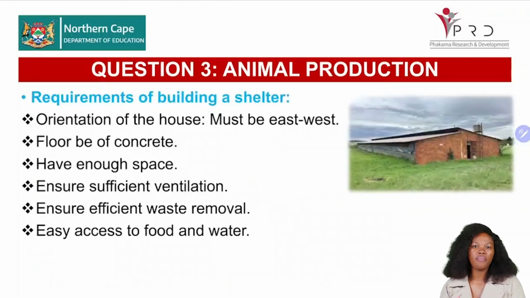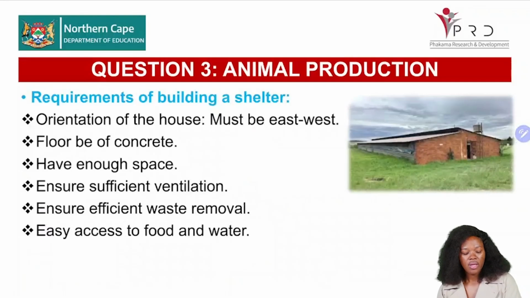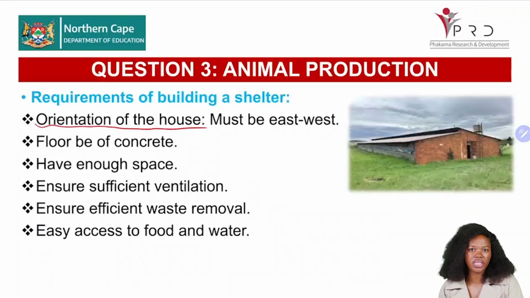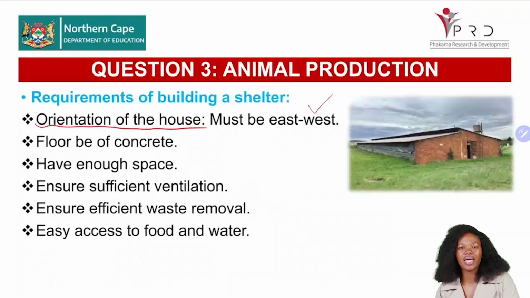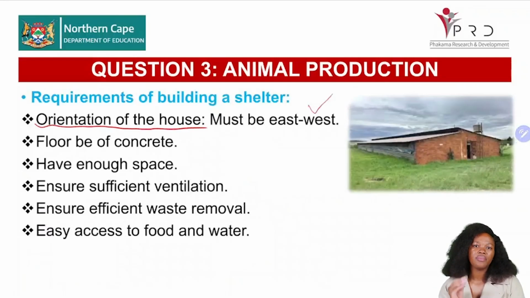What are the requirements? You're expected to know the requirements of building a shelter, especially for chickens. Now, requirements for shelter. Orientation of the house is very important. It must be east and west to protect animals from direct sunlight. The floor must be of concrete.